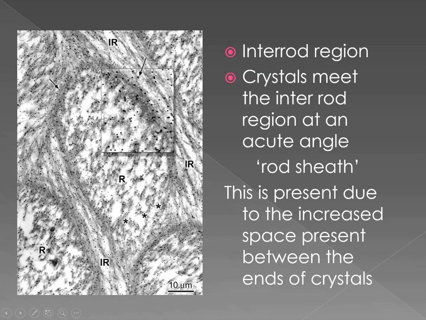We need to understand this architecture of enamel. The rod and the interrod meet at an acute angle, and this acute angle allows some amount of organic matrix to be present. So this area of the rod and interrod region will have the highest content of organic material, which is amelogenin proteins.